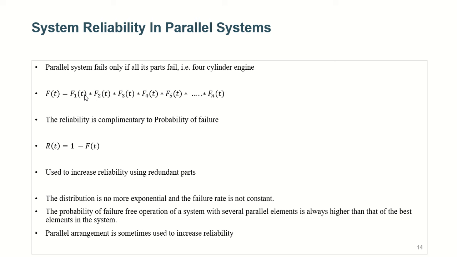Okay, and for this reason the parallel arrangement is sometimes used to increase reliability as well, right? Now what is the best operation? The best operation is to find the balance between series and parallel connections. So in order to do that, we form combined arrangements.